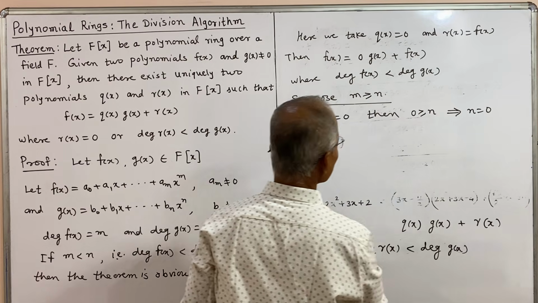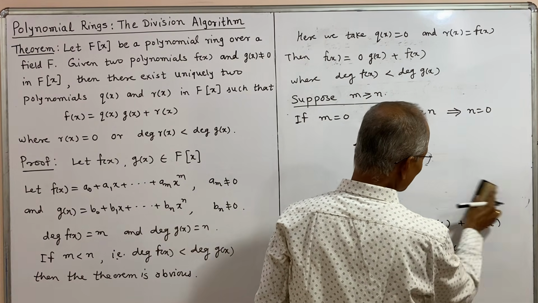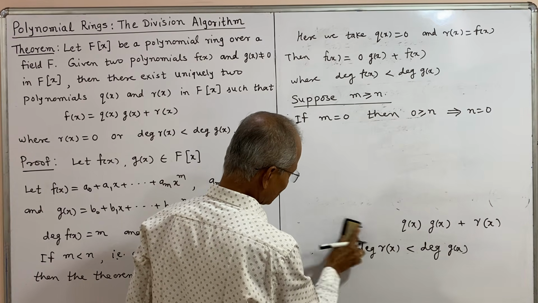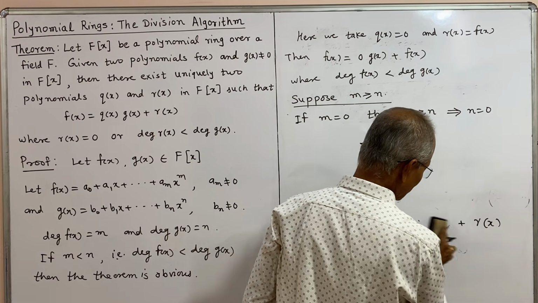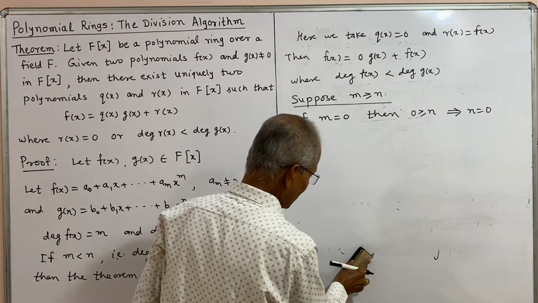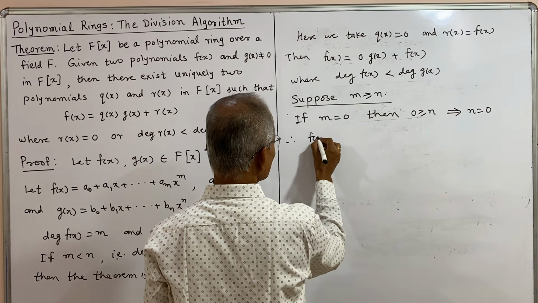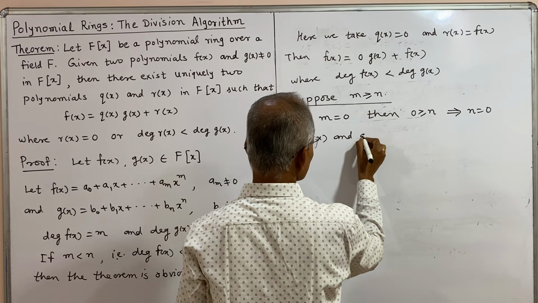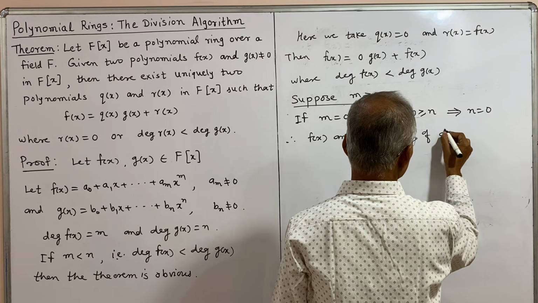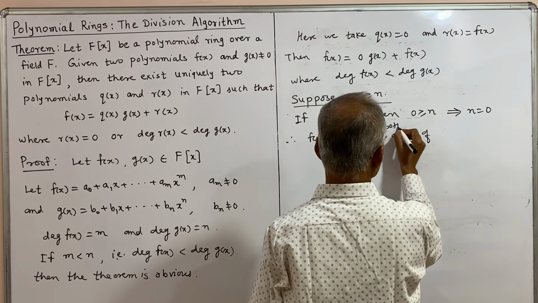If m is 0, then n is also 0, and thus the degree of f is 0 and the degree of g is also 0, meaning both are polynomials of degree 0, and therefore both must be non-zero constants. Then f of x and g of x are both of degree 0.